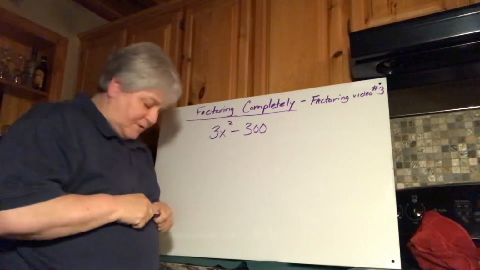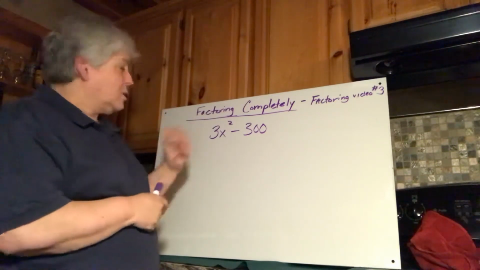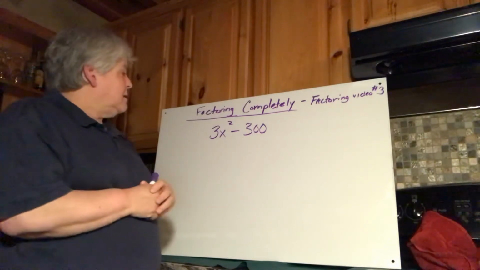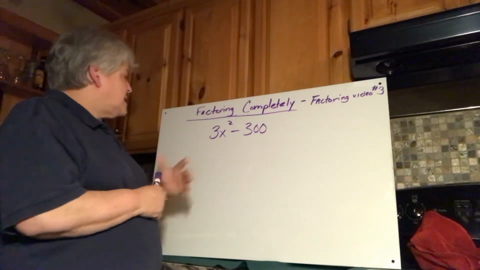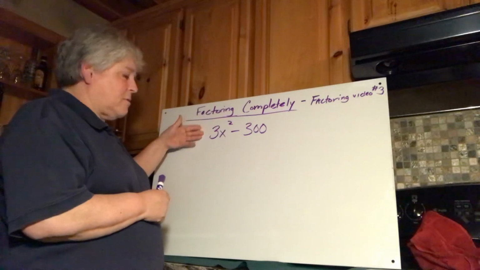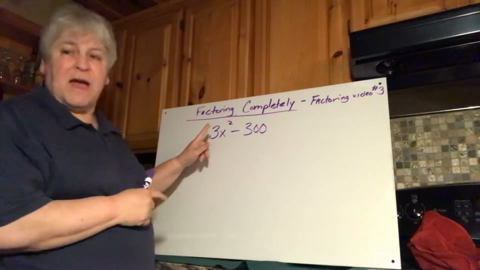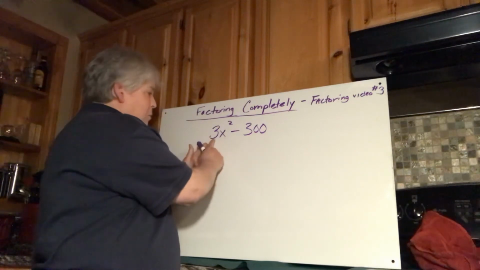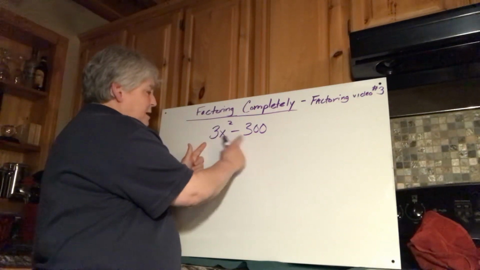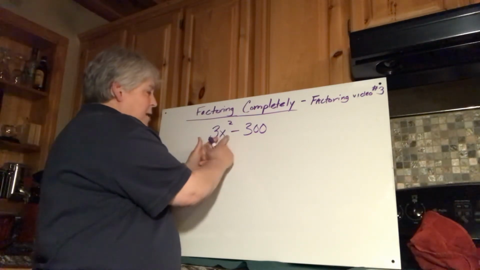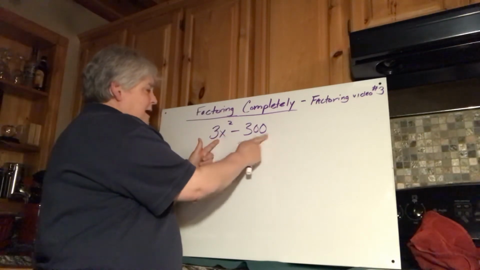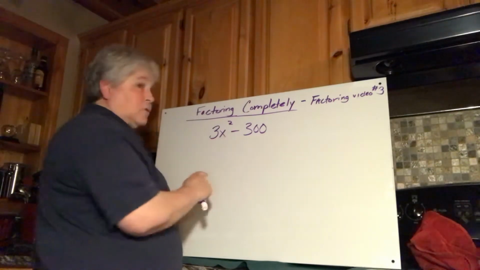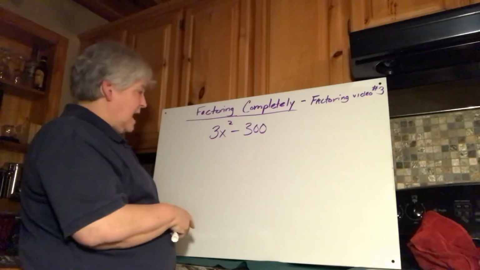The first method of factoring we learned was looking for a greatest common factor. So we should still continue to look for that pretty much every time we're asked to factor something. If you remember right, when we were factoring out a greatest common factor, you were looking to see if any number went into both terms, and in this case 3 would, and we were looking to see if there were x's in all terms, and there were not.